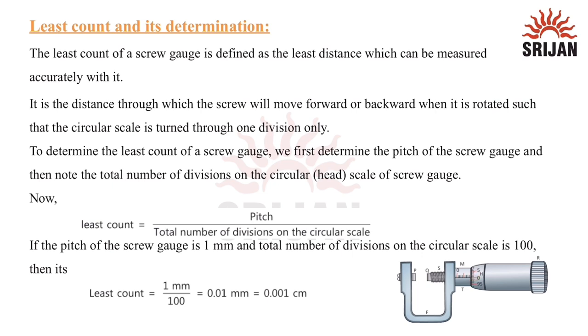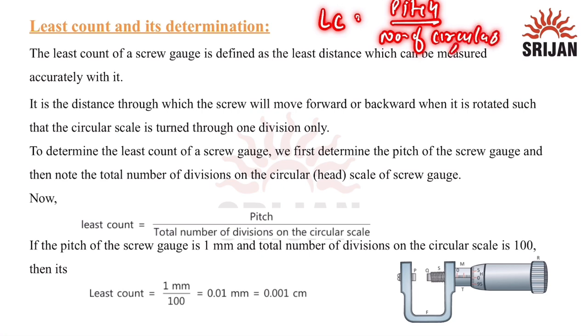Now, to determine the least count of a screw gauge, we first determine the pitch of the screw gauge and then the total number of divisions on the circular scale, that is this head scale, of the screw gauge. The least count will be pitch upon total number of circular scale divisions.